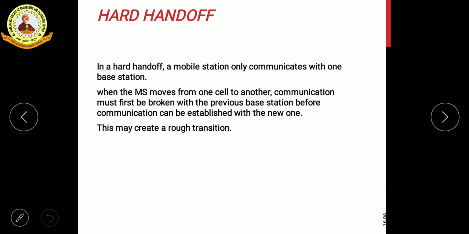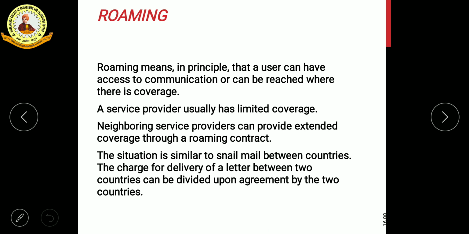Handoff. Two types of handoff: hard handoff and soft handoff. Then roaming means when you travel beyond your service provider's coverage, what happens? That is what you have to know in cellular telephony's operation.